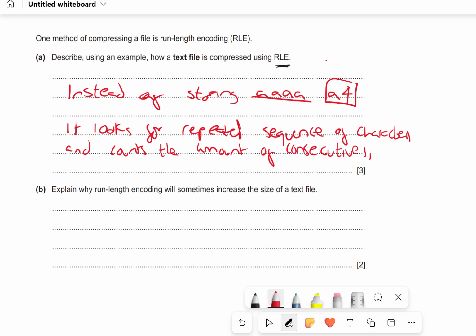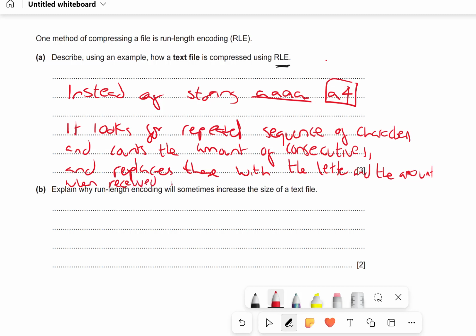So it basically counts 1, 2, 3, 4 and replaces these with the letter and the amount. When received, so when you send it and it's been received by someone else, it reverses the process.